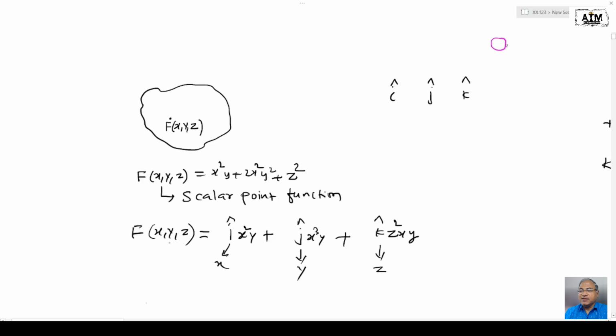Then this would be called a vector point function. And without using i, j, k, if it is simply an algebraic equation, then f(x, y, z) would be called a scalar point function. So in vector differentiation, we specially utilize two terms: one is the scalar point function, another is the vector point function.